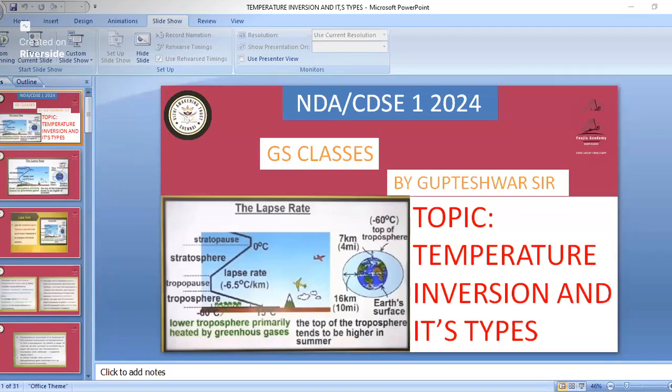So don't get confused. Anabatic means when it is going up, ascending air, and when it is descending, that is katabatic. And katabatic and anabatic winds happen in mountain and valley areas only.